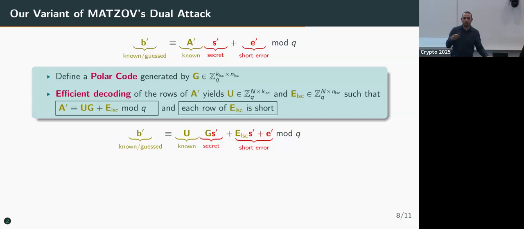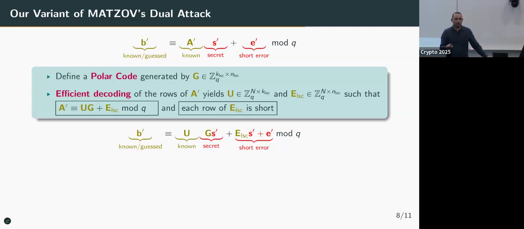We produce with that the matrices U and E LSC such that A prime equals UJ plus E LSC. In this equation, each row of A prime is the word to decode, each row of UJ is the codeword that we decode, and each row of E LSC is an error vector, so each row of E LSC is short.